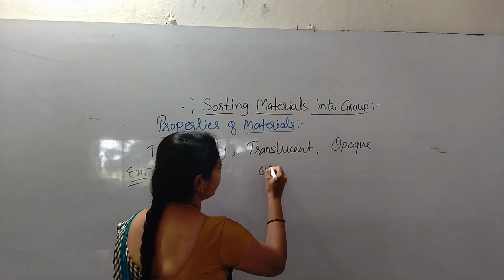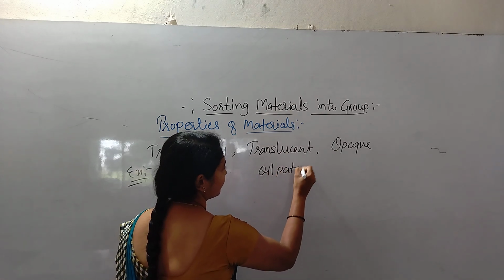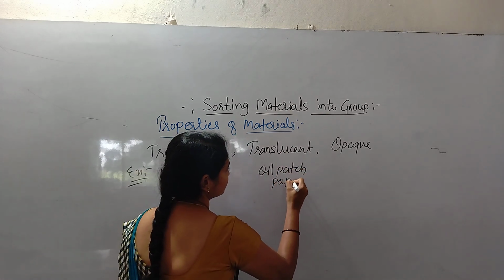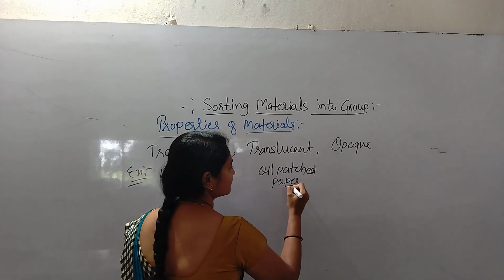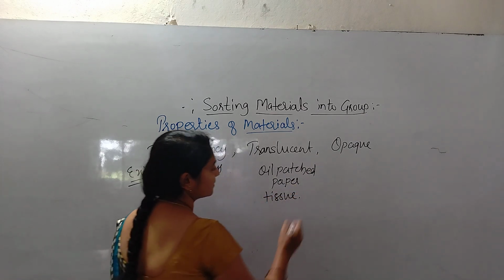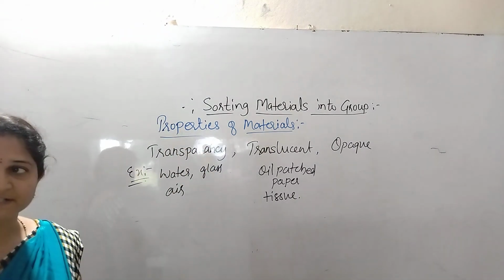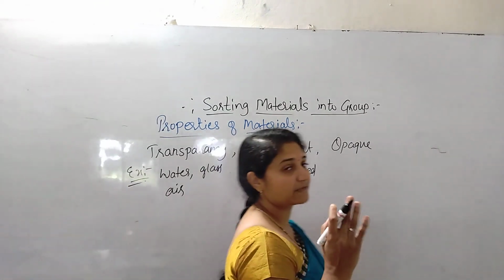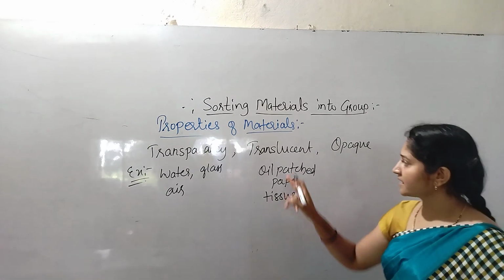We can say an oil patch, oil-patched paper, tissue, and some glass materials also. We have seen that some glass materials are also translucent.